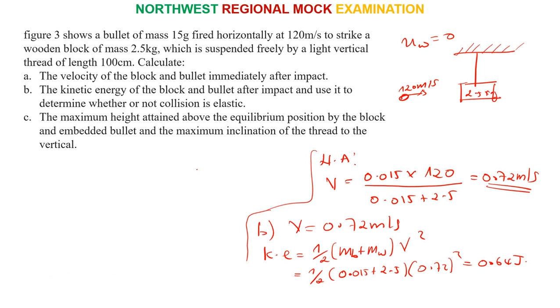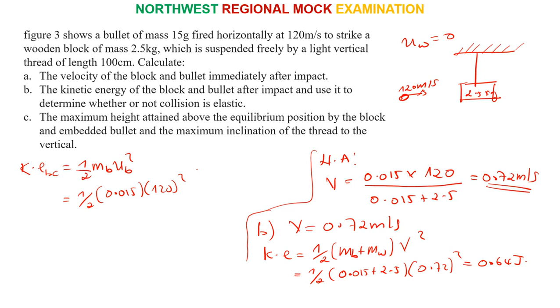Before collision, the only mass which had kinetic energy was that of the bullet, so it's going to be a half times the mass of the bullet times the initial velocity of the bullet squared. So it's a half into 0.015 times 120 squared.